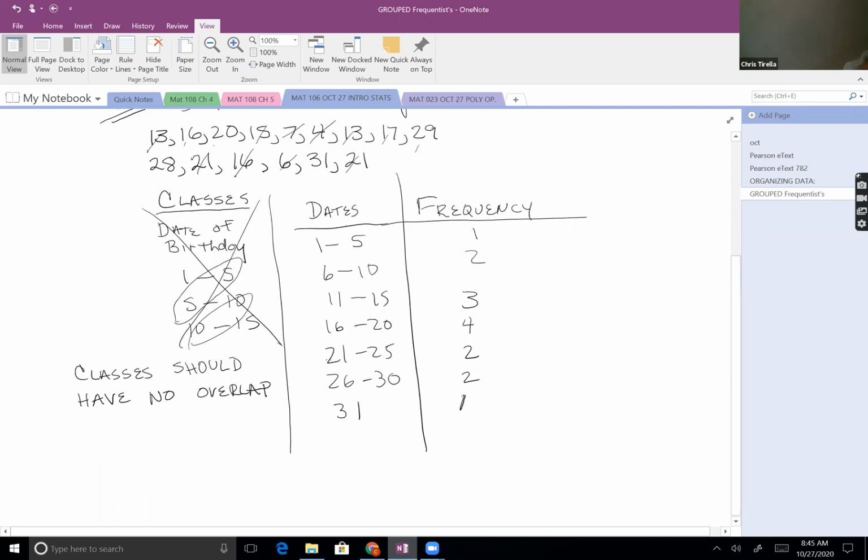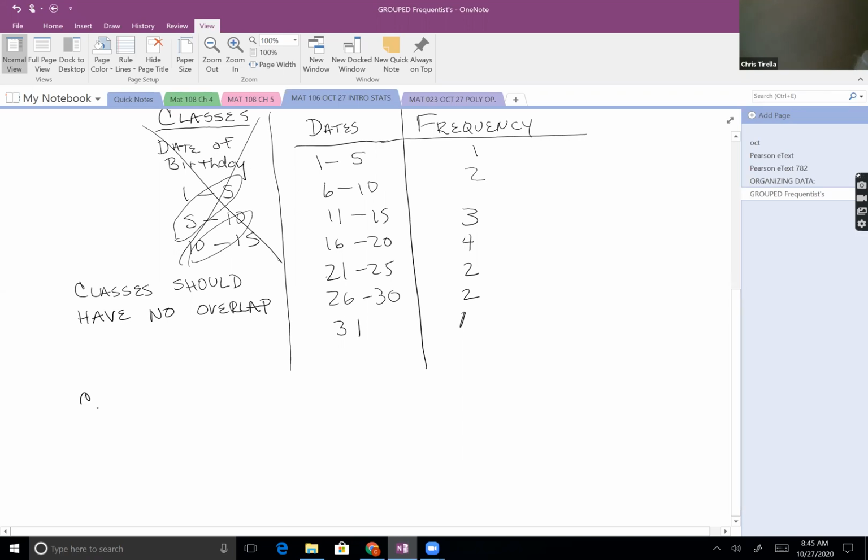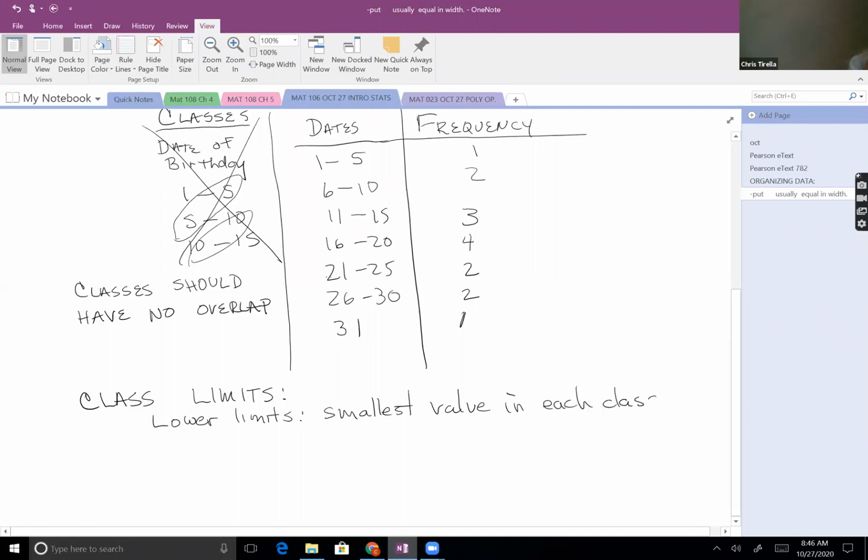Yes. When we have data in groups, we talk about class limits. We talk about a lower limit. The lower limits are the smallest value in each class. In our table above, the lower limits would be 1, 6, 11, 16, 21, 26, and 31.